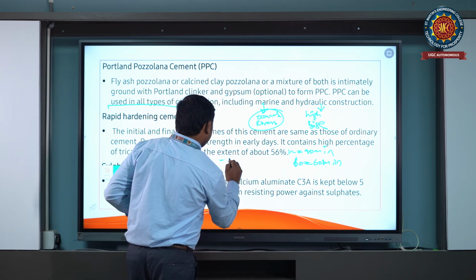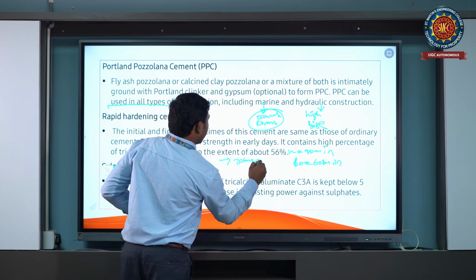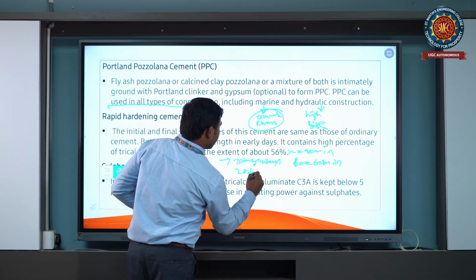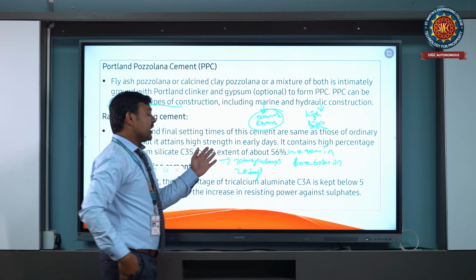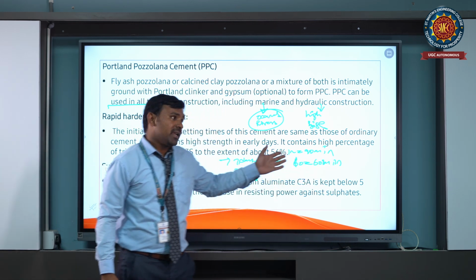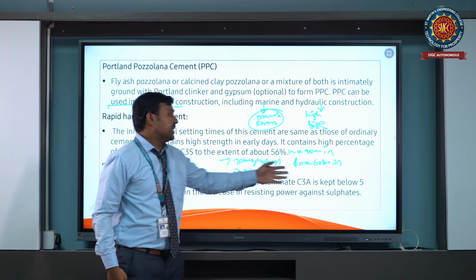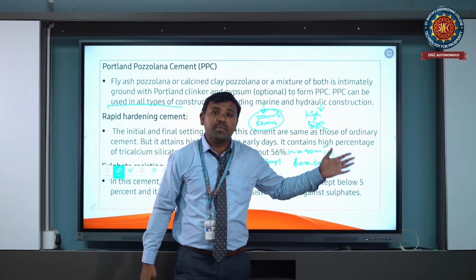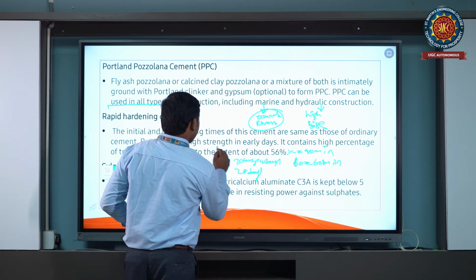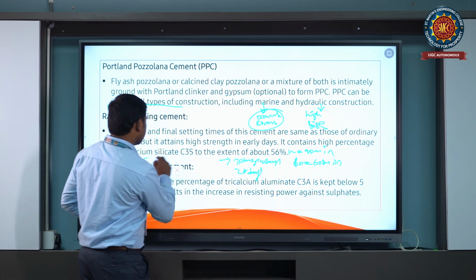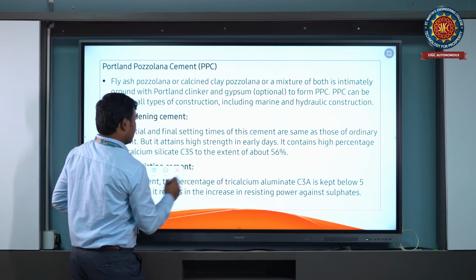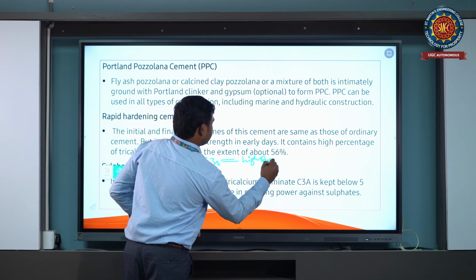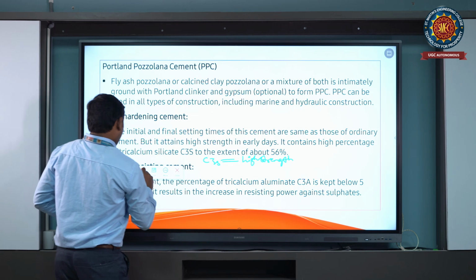Usually we get 7 days, 14 days or 28 days strength, but it gets it quickly in early days in rapid hardening cement. It contains a high percentage of tricalcium silicate, about 56%. Because of the high percentage of tricalcium silicate, C3S, we will get high strength in the early days.